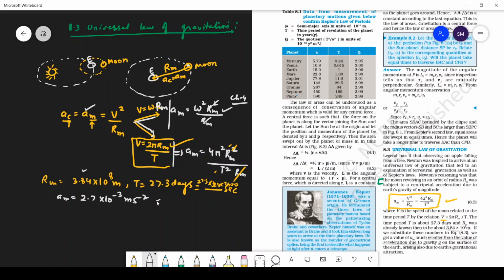See, this is much smaller than 9.8 meter per second square. That is your acceleration due to gravity on the surface of the earth. So this is the surface of earth, arising due to gravitational attraction. Is this okay?